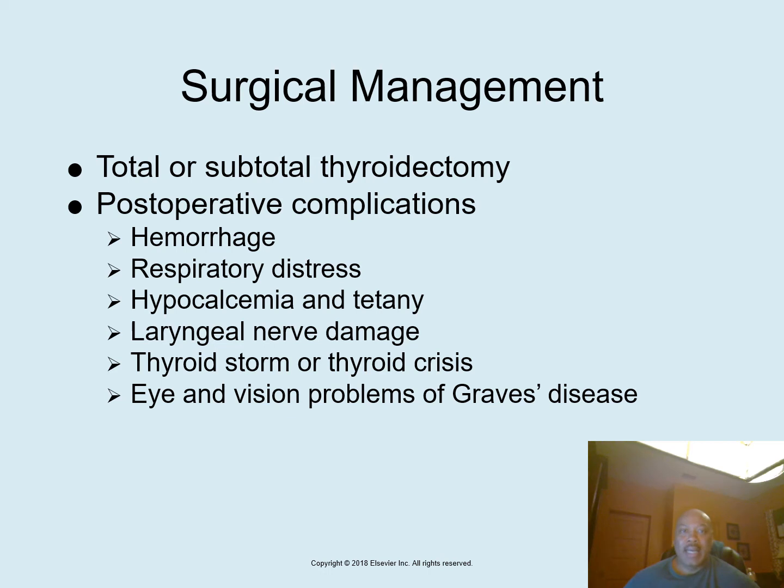Some iodine preparations are also used to decrease thyroid size and the vascularity. And of course, when you decrease the vascularity, the blood vessels, this can lead to decreased bleeding and potentially thyroid storm during and after surgery.